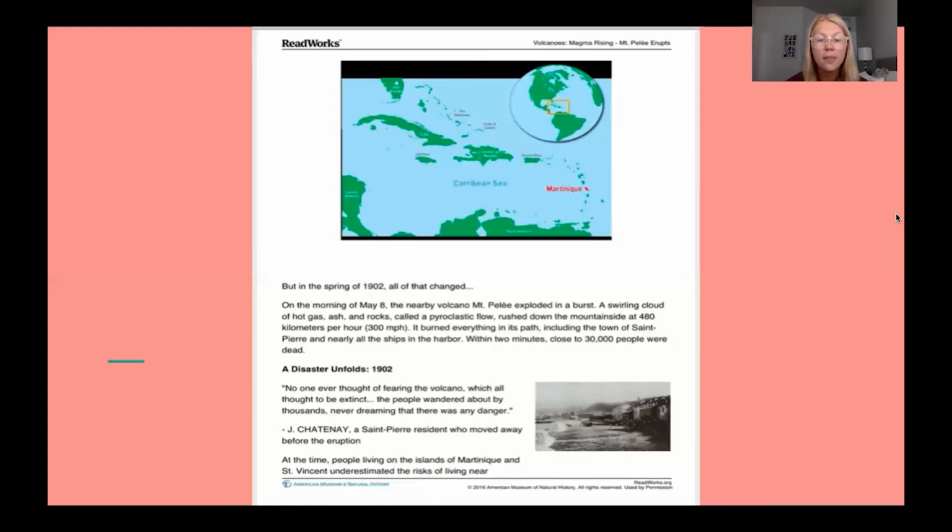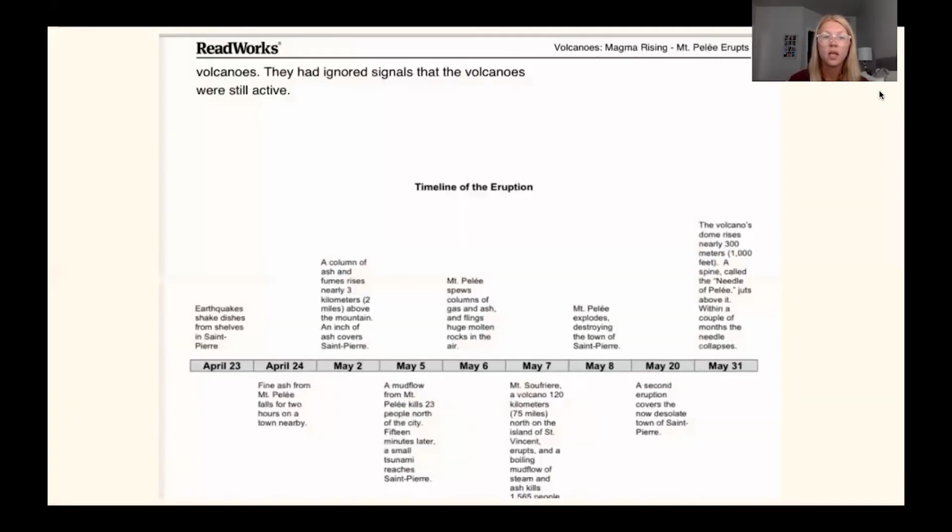At the time, people living on the islands of Martinique and St. Vincent underestimated the risk of living near volcanoes. They had ignored signals that volcanoes were still active.